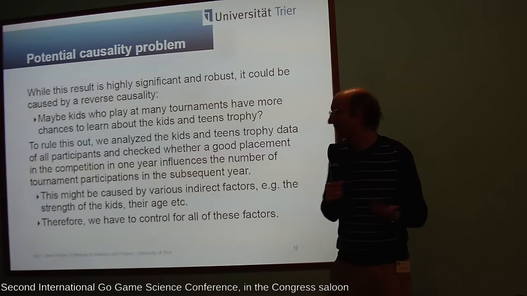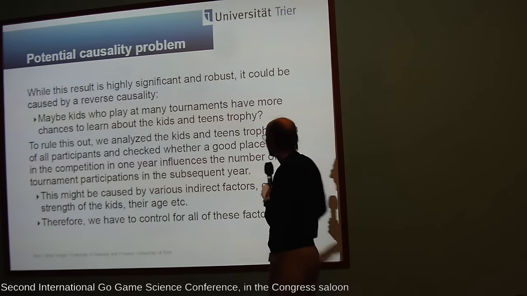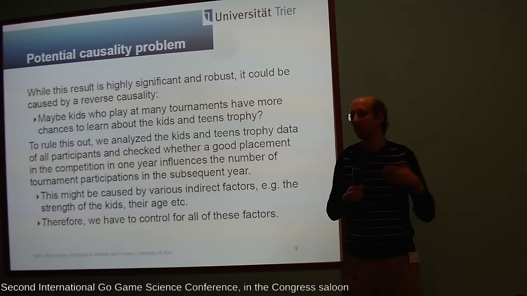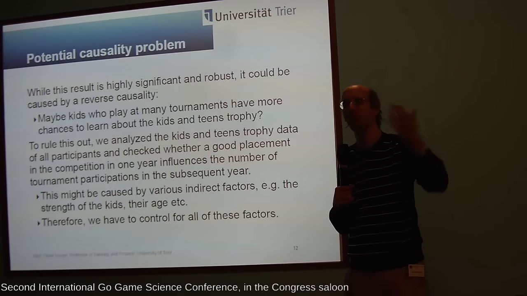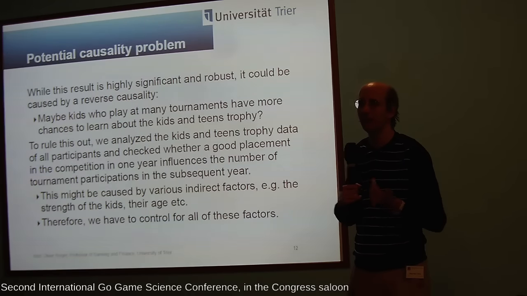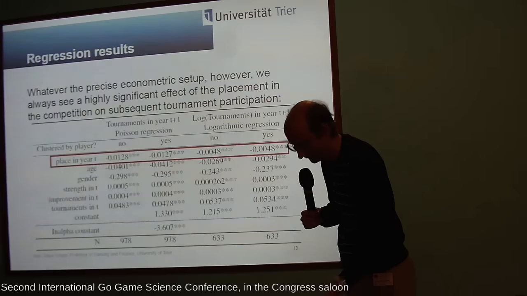So that's a bit clear. But of course, we can control for these factors in a regression analysis, since just by playing many tournaments, you don't necessarily end up number one in the ranking. Maybe other kids have played even more. So that depends on the year and other factors, so we have enough heterogeneity here to control for these factors.